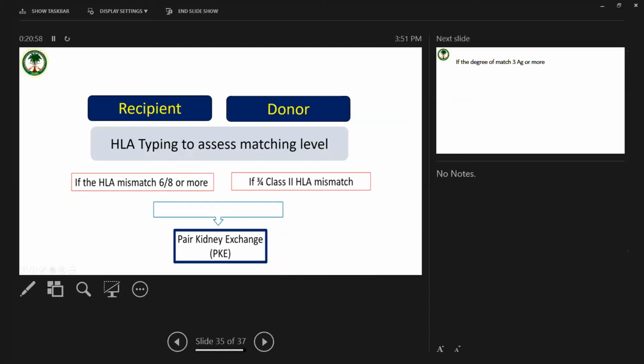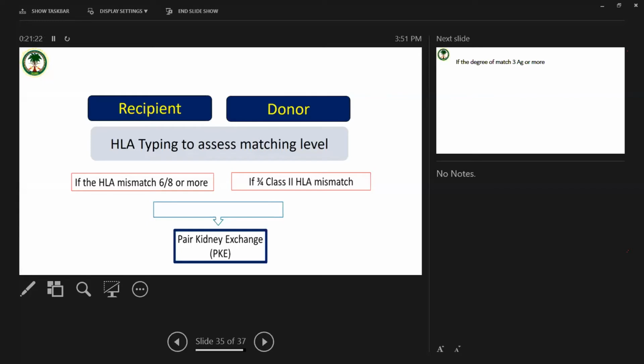At our institution now, our testing protocol is that we do HLA typing to assess the matching level between the recipient and the donor. If the HLA mismatch is 6 out of 8 or more, or if the class 2 mismatch is 3 out of 4 or more, then we don't proceed with a direct living-related transplant.